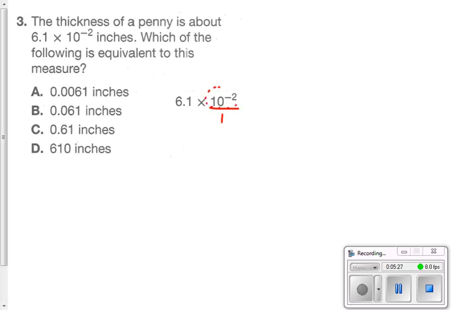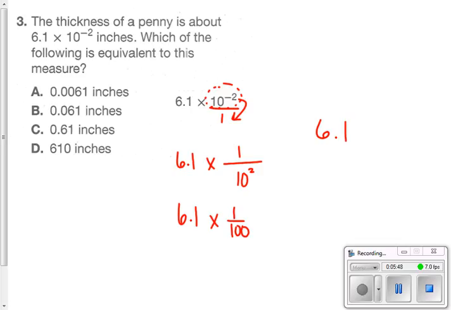The negative exponent moves to the bottom. So 10 to the negative second moves to the bottom, to the second. So this is really saying 6.1 times 1 over 100. Therefore, your answer gets smaller. That tells you that you need to move the decimal to the left 2 units. And when you move it to the left 2 units, you find out your answer here is B.